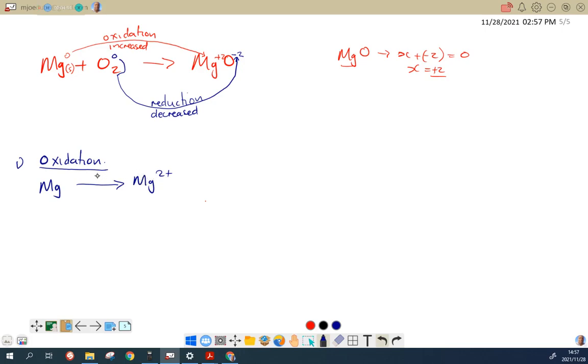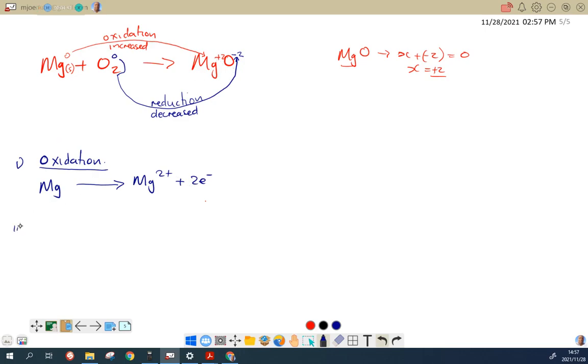How does it become magnesium 2+? Well, it can only do so if it loses 2 electrons. So +2 electrons are released. And those 2 electrons which have been released are the ones that are going to be gained by the other species that reacts with the magnesium, in this case oxygen. So this is the half reaction for the oxidation of magnesium to give you magnesium 2+.